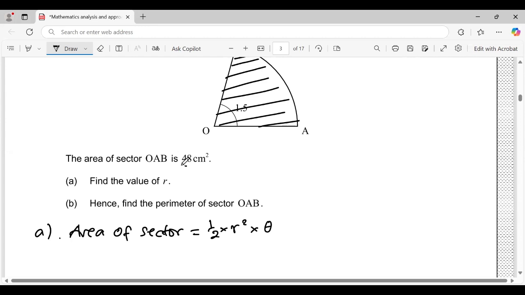And according to this information, that area is 48 centimeters squared. So we can substitute 1.5 for theta, and it becomes 1/2 multiplied by r squared multiplied by 1.5 equals 48.